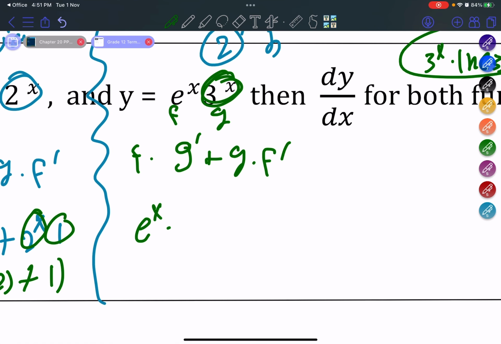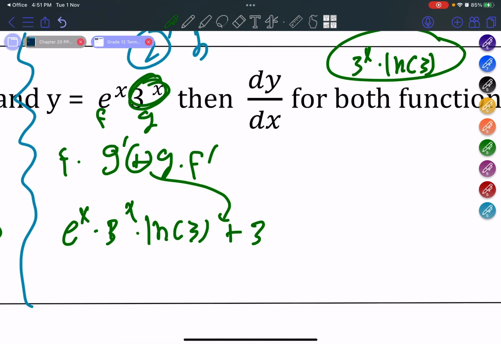So it becomes times 3 power x times ln 3 plus, bring it down, g is 3 power x, and then times the derivative of f, which is basically e power x ln e, and ln e is equal to 1, so we don't have to write it.